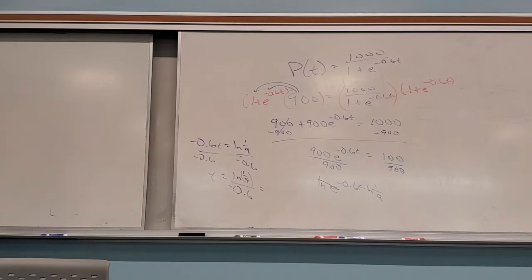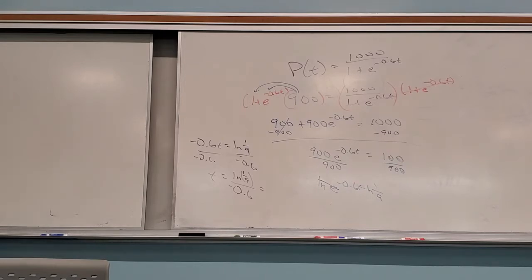Yeah, I think it's about 3.5. So it's the natural log of 1/9 divided by negative 0.6.